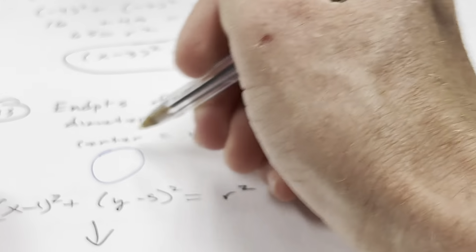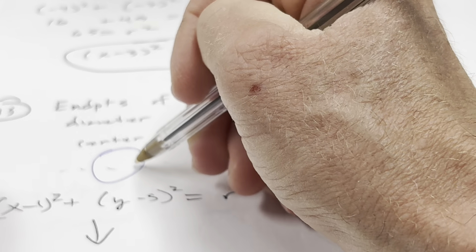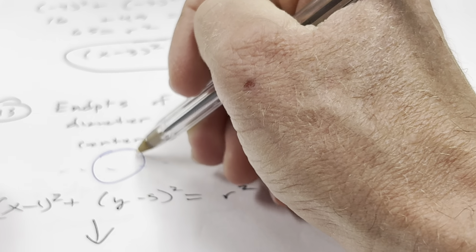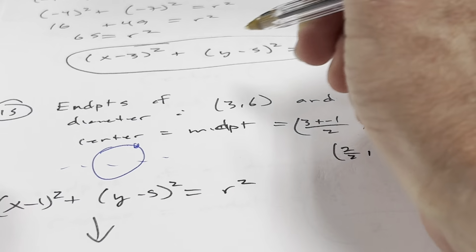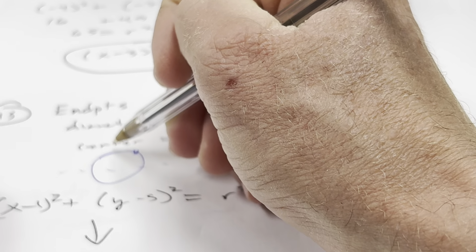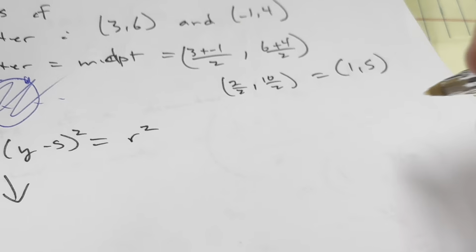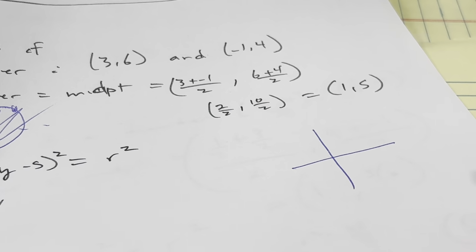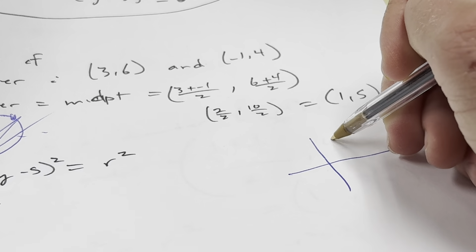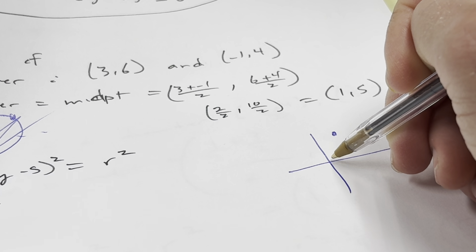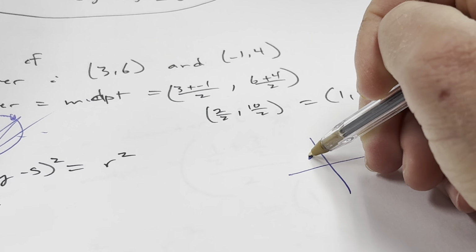So I drew the circle. Here's roughly where 3, 6 could be. And then, doesn't really look like endpoints. We're going to try this again. See if we can do a much better job. Endpoints of a diameter. So 3, 6, and then negative 1, 4.